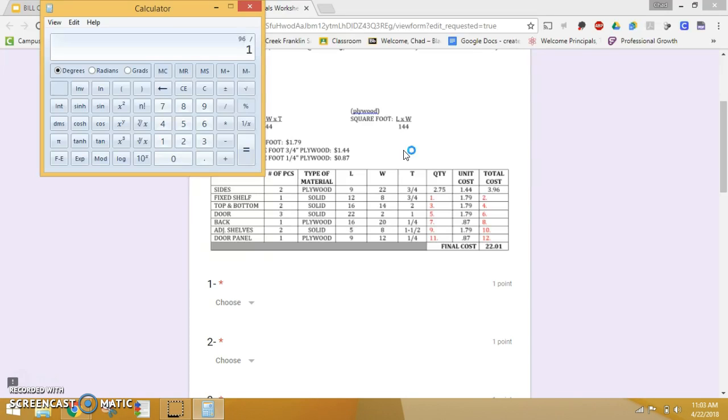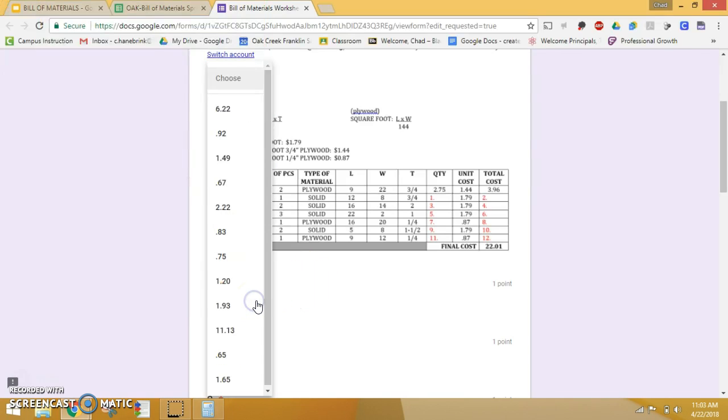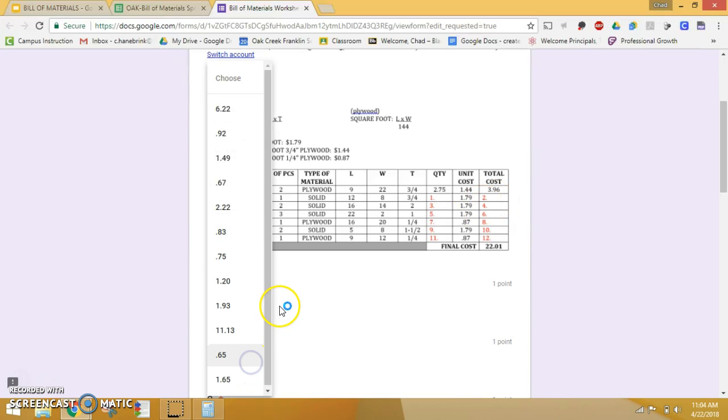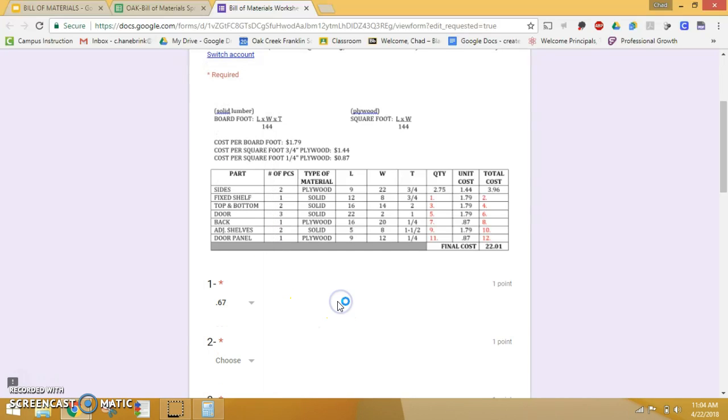Divided by 144 equals 0.666 to infinity and beyond. So let's find our closest one here. Looks like to me 0.67 is going to be our closest. We would then take our 0.67, that would be right here, times it by our unit cost. And then number 2 would be that number right there. So then you would pick whichever number that turns out to be.